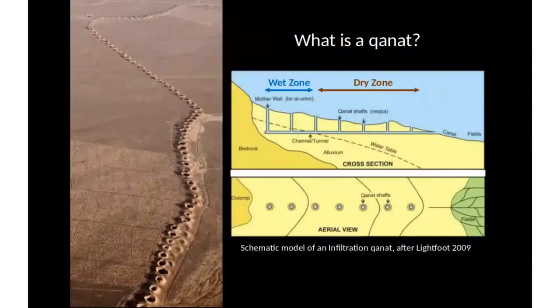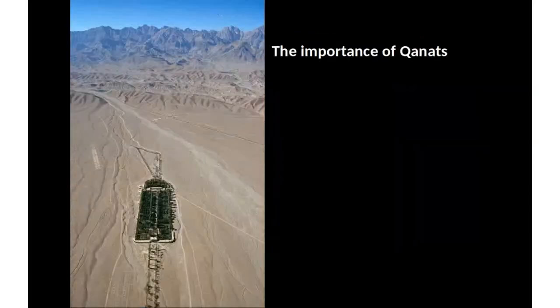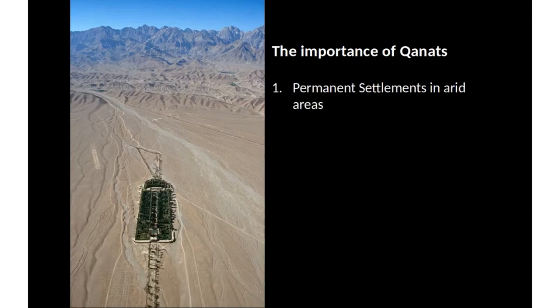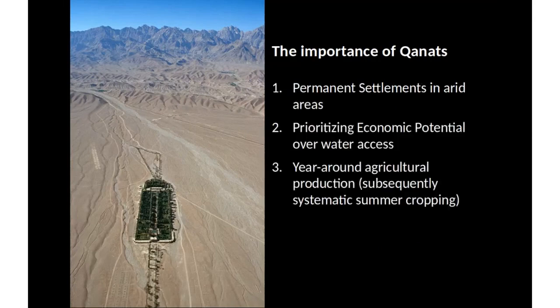Basically, people dig holes, which are called shafts, and there is something here to bring the water down the hill and irrigate crops and houses, etc. And it's very ancient, like 3,000 years, I believe, something like that. And it has crucial importance for the development of civilization.